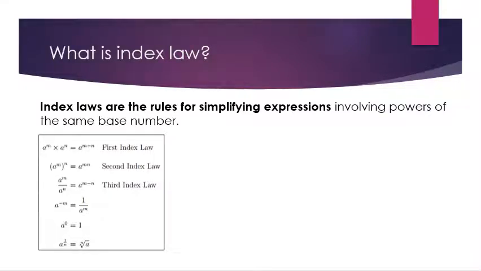There are three important rules, and the others are just additional ones that you should remember. First is the first index law, about the multiplication of powers of the same base number. Then we also have what happens if a number which is already a power is raised to the power of another number.